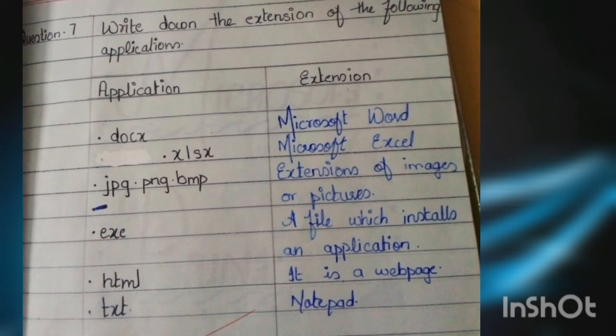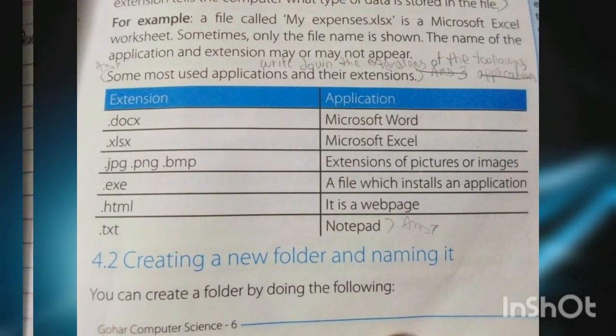The way of copying file or folder we use CTRL plus C. Paste. The way of pasting file or folder we use CTRL plus V. In short form, Control is called CTRL. You can also take a screenshot of this answer.